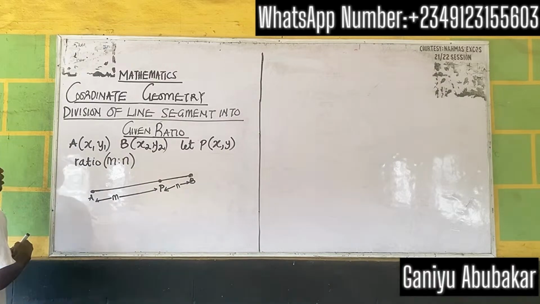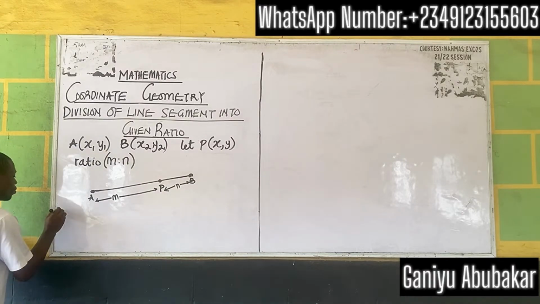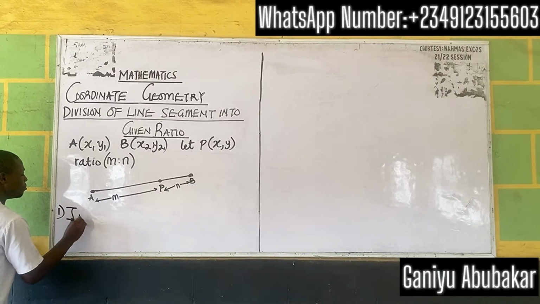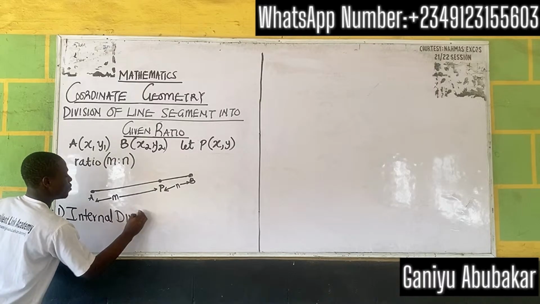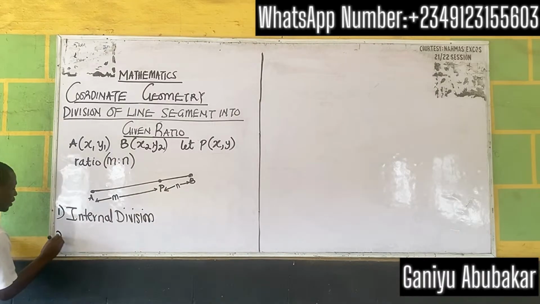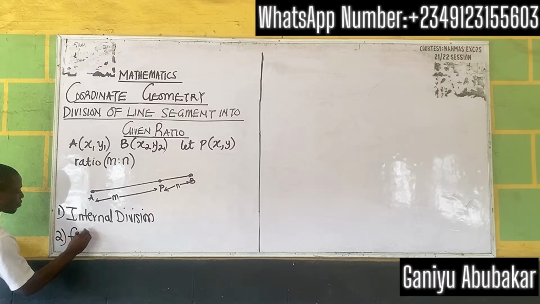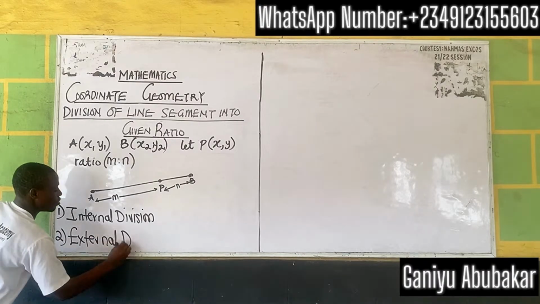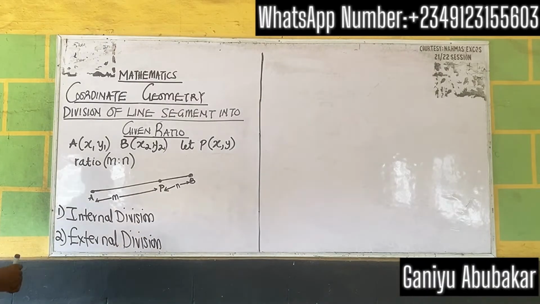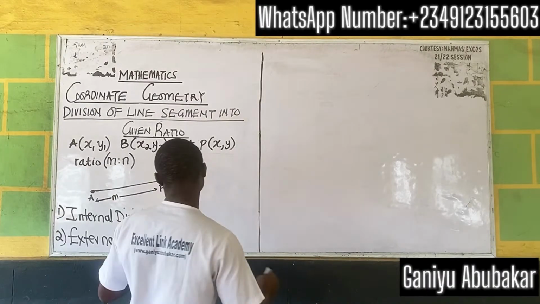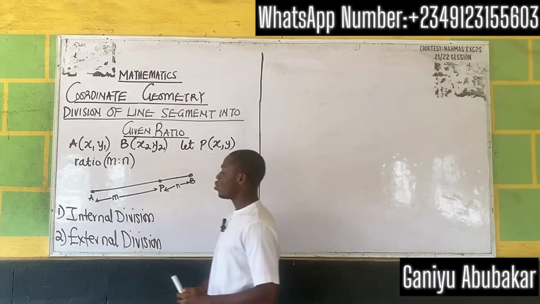Number one, we have the internal division, and we have the external division. When it comes to this concept, there are two formulas I'll be giving you. The first one is called the internal division. Number two is called the external division.